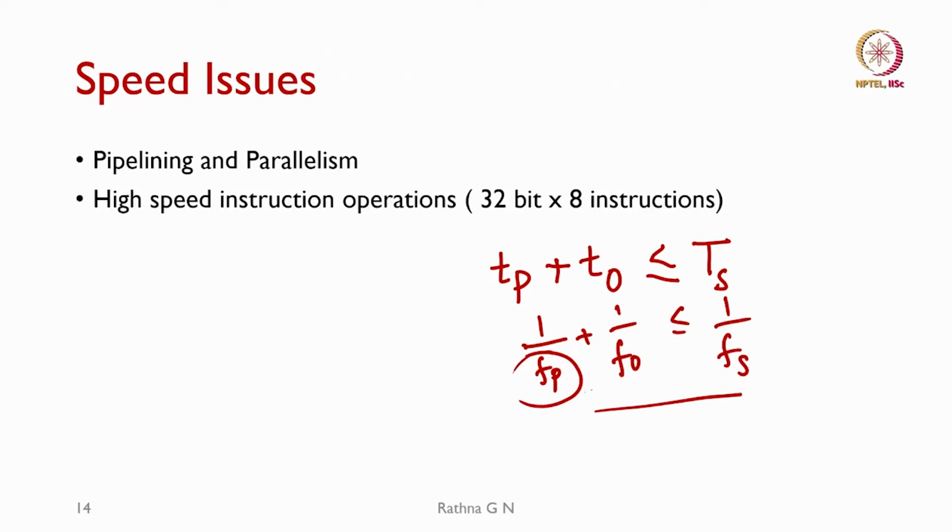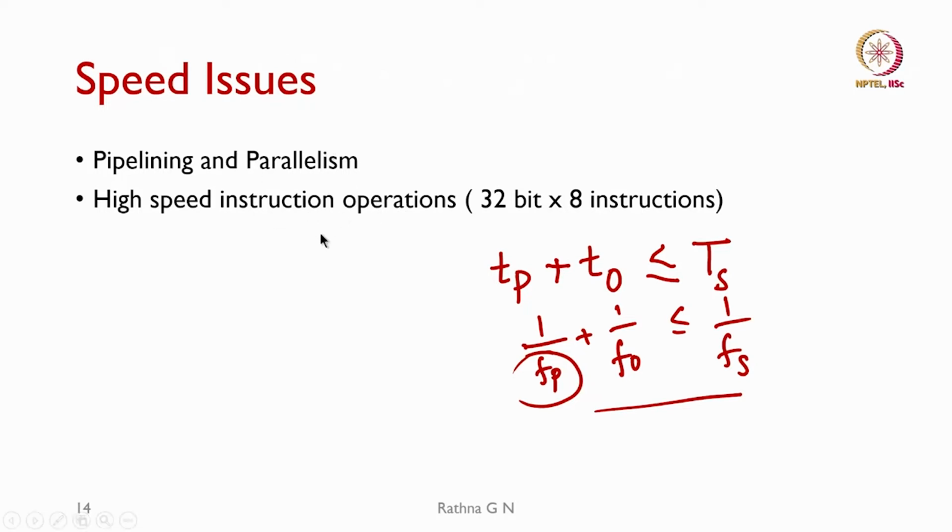If there are multiple, you have to take the longest one, depending on which your clock frequency has to be designed. If this is not going to be met, then can I use pipelining and parallelism? That we will be seeing. In the data, we will consider pipelining and parallelism.